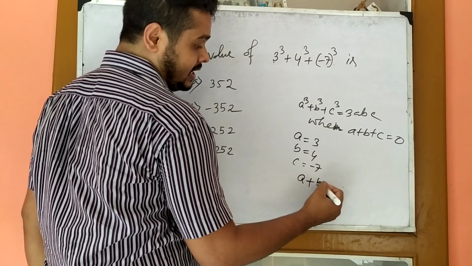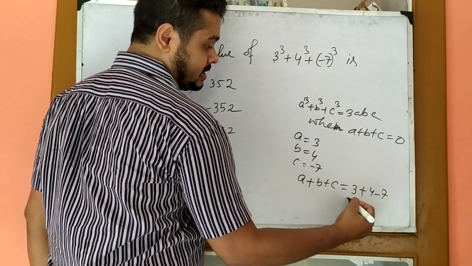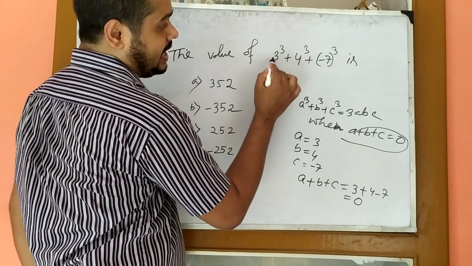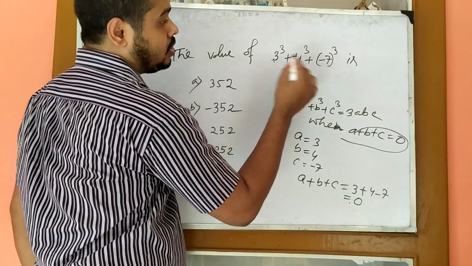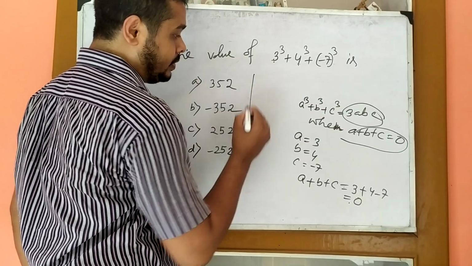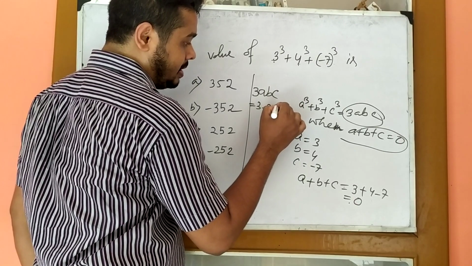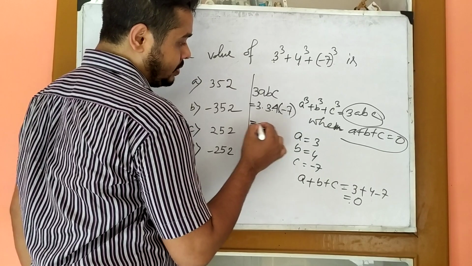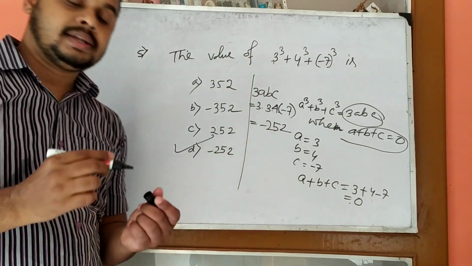So we can see a plus b plus c equals 3 plus 4 minus 7, that is 0. So the value of that portion will be 3abc. 3 means 3, a means our 3, b means our 4 and c means our minus 7. After multiplication we are getting minus 252. So D is our answer.